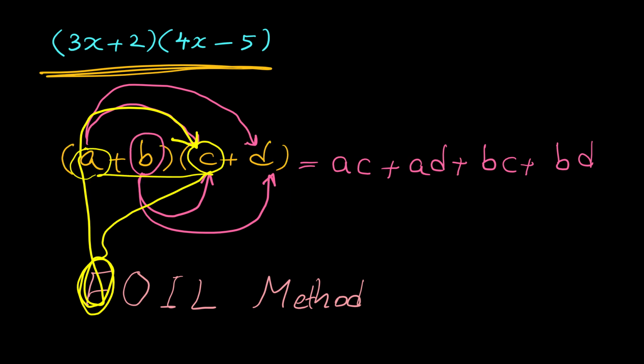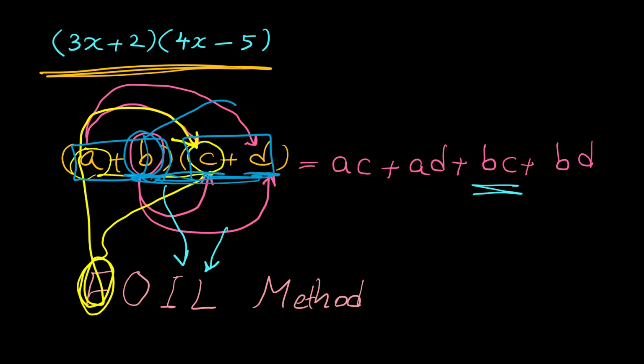After that, we have bc. What is bc? If you pay attention, b and c are the inner terms, so we multiply then inner terms, which is I. And finally, the last terms that we multiply are b and d, the last terms in each bracket.